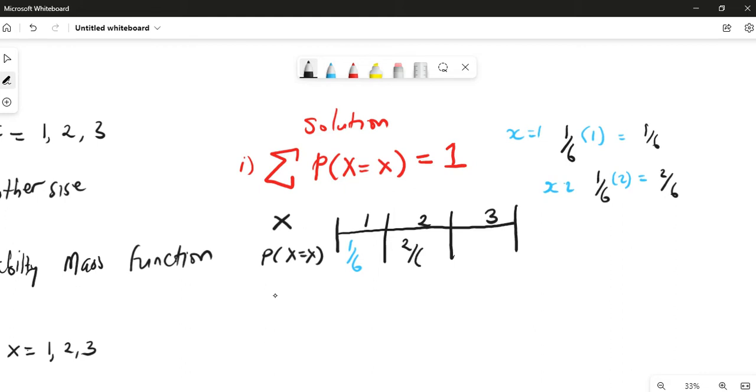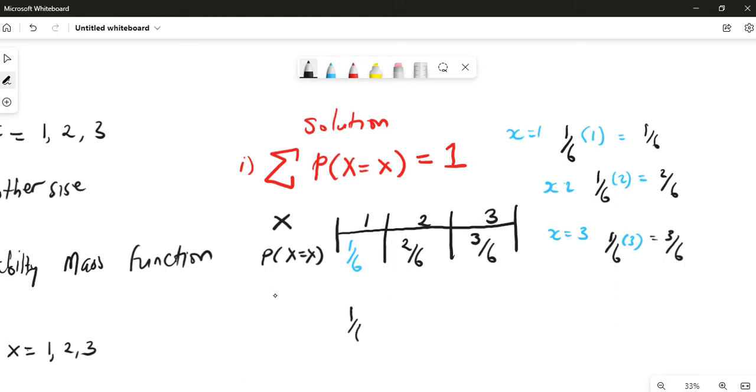We can simplify this fraction, but for now let's not simplify it because we want to show that this is a probability mass function that it equals 1. Then when x equals 3, we have 1 over 6, and then we have 3 here, 3 over 6.